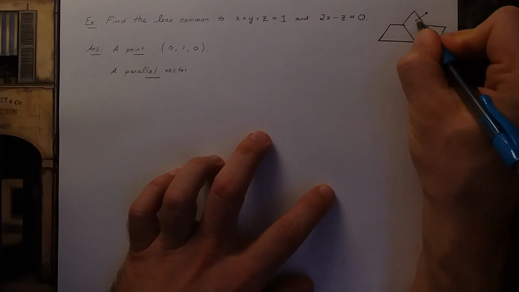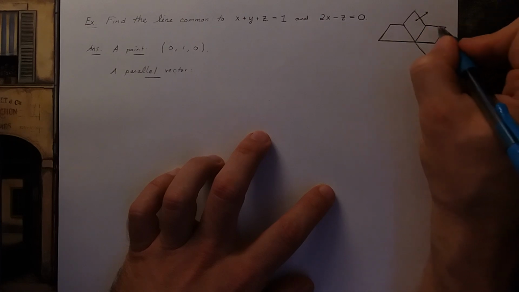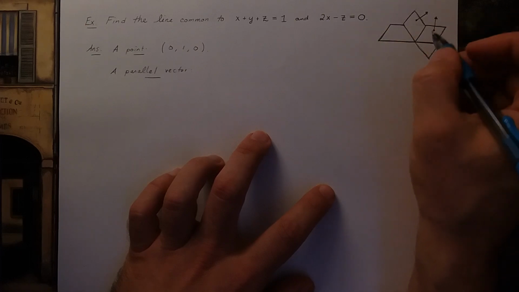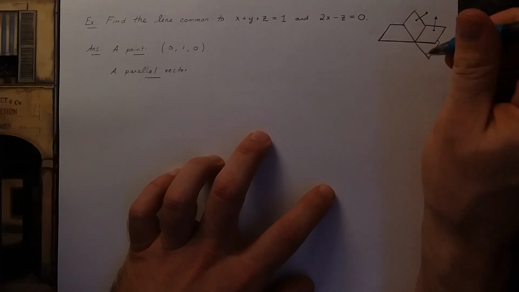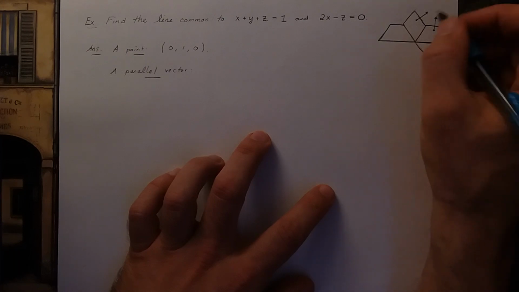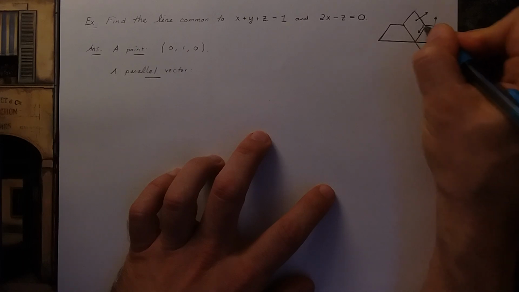So let's say I have this vector perpendicular to the diagonal plane I have here, and I have a second vector that's perpendicular to the second plane. If I take a cross product of these two vectors, I'll get a third vector that's perpendicular to the first two. And if you think about it for a moment, if I take the cross product, I'll get a vector that's parallel to the line.